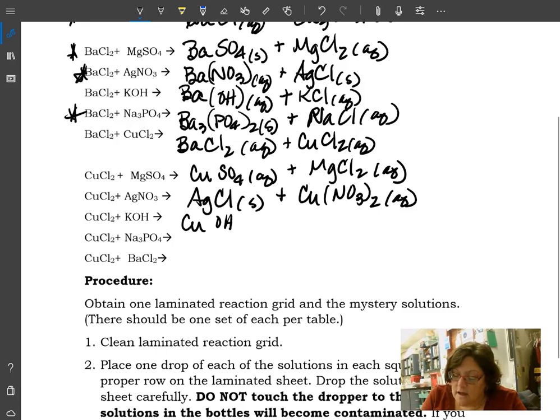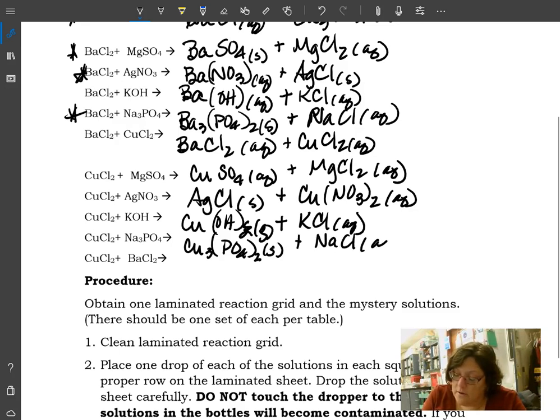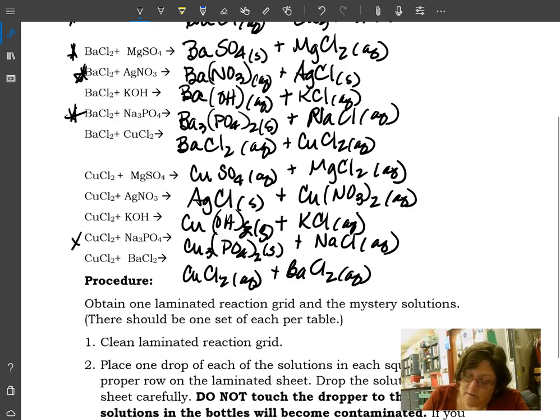Copper 2 chloride and potassium hydroxide: copper 2 hydroxide will form a precipitate, and potassium chloride will be spectator. Copper 2 chloride and sodium phosphate: copper 2 phosphate will precipitate, and sodium chloride will be aqueous. And again, with copper 2 chloride and barium chloride, these will just switch places, so there'll be no net reaction here. So I'll go back and mark my precipitates.